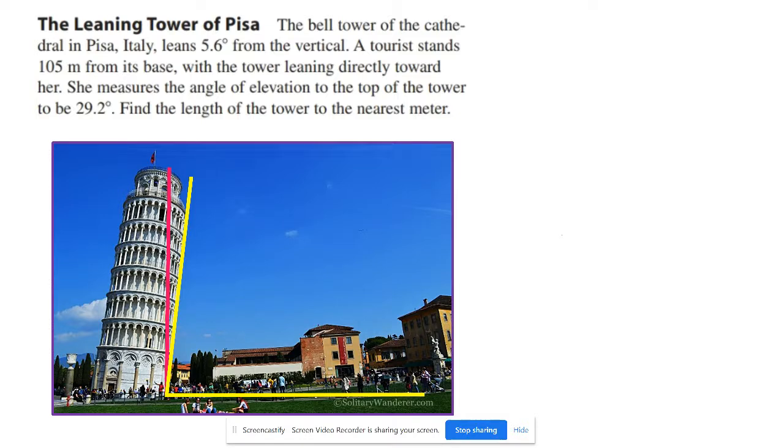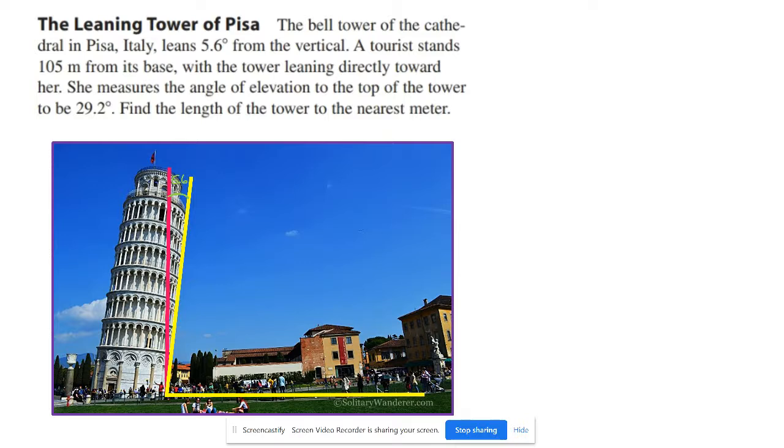So this tower, the Leaning Tower of Pisa, leans 5.6 degrees from the vertical. The pink line I've drawn is a vertical line, straight up from the ground. From that imaginary vertical line, the actual side of the tower makes a 5.6 degree angle.